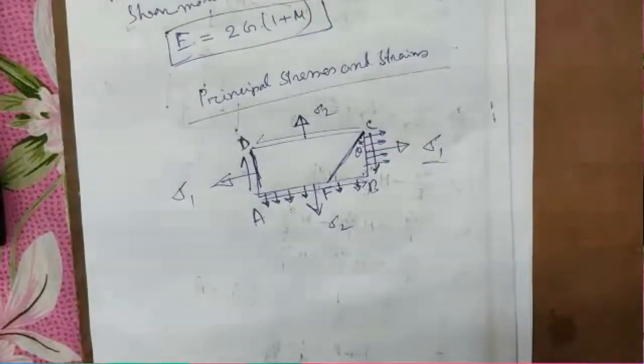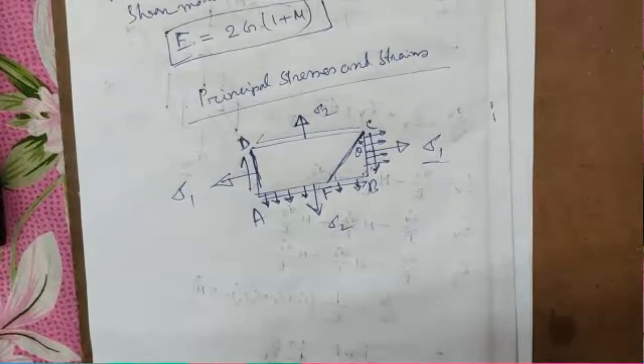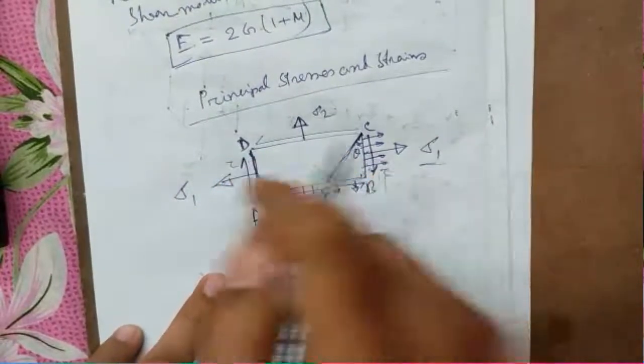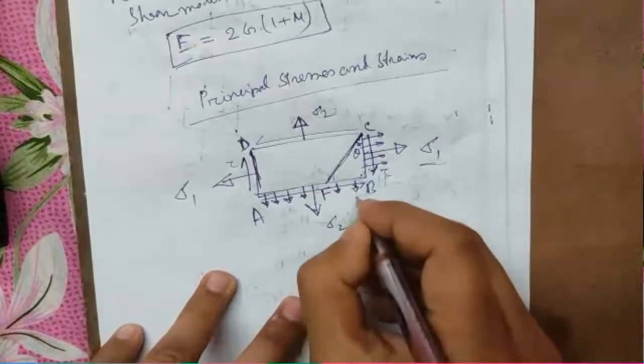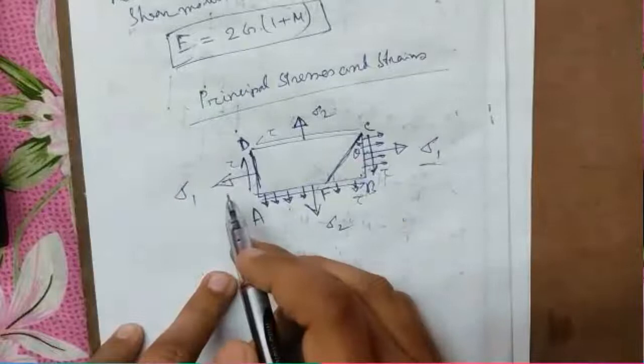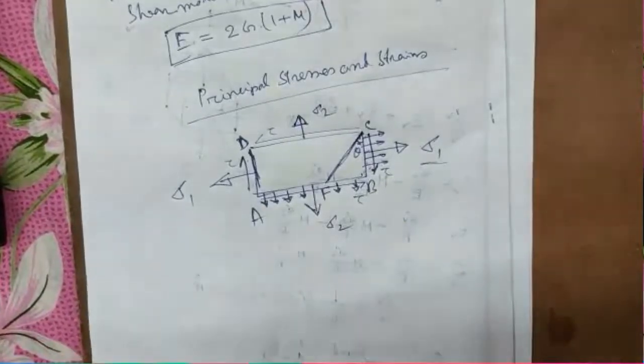So whenever there is a shear stress working on an object in equilibrium, there is another complementary shear stress of equal value and opposite in direction present to keep the object in equilibrium. So if the shear stress is tau on AD and BC, there will be another shear stress of value tau present on AB and CD in the opposite direction. This is called the principle of complementary shear stress.